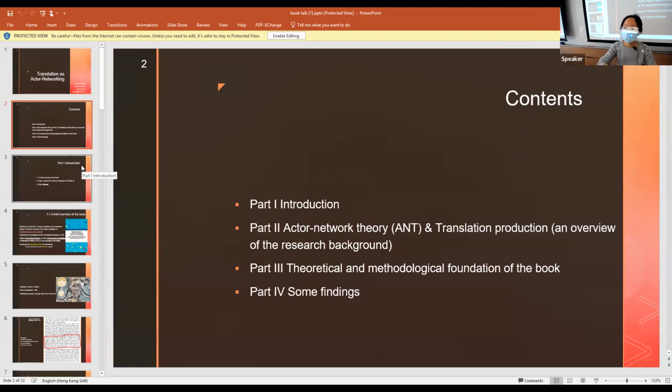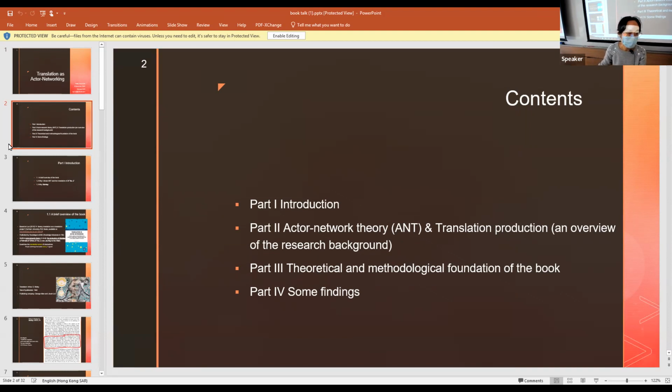The talk contains 4 parts mainly. In the first part, it's an introduction part. I aim to give you a general impression of the book. And I also share my research experience with you by applying ANT to study the production process of Monkey.